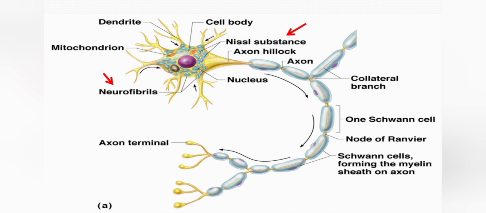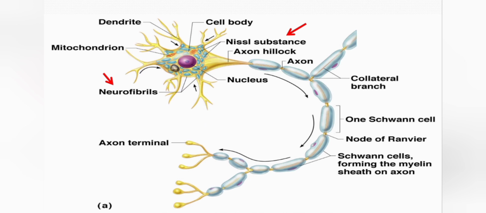So by the clumping of the microtubules, or neurotubules, and intermediate filaments, also called neurofilaments, these neurofibrils are formed, and they perform two basic functions. Like any component of the cytoskeleton, they give support to the neuron, and they maintain the shape of the soma or cell body.